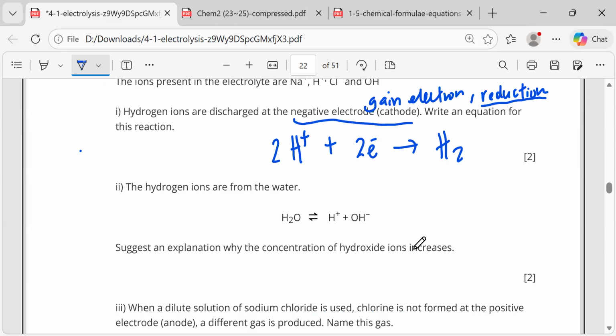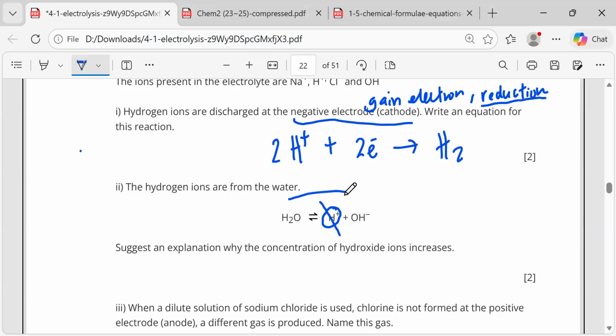The hydrogen ions are from the water. So just an explanation why the concentration of hydroxide ions increases. See, this is an equilibrium. As the hydrogen ions are used up, does the equilibrium shift to the right or to the left?